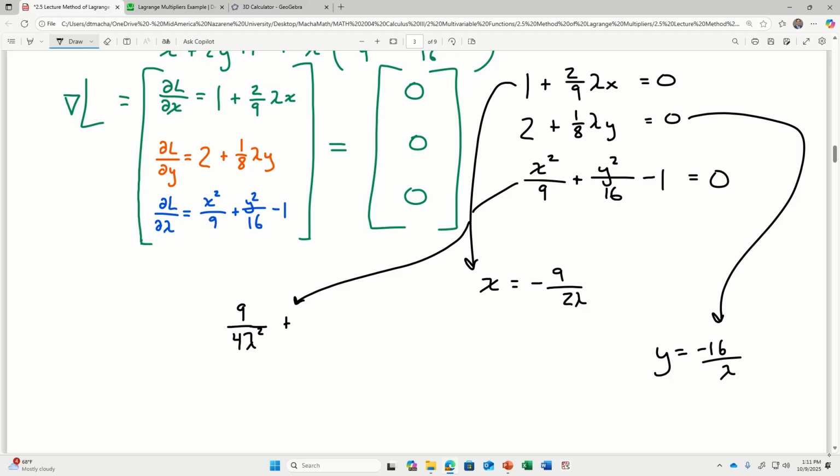So that's 16 squared divided by 16, which should just be 16. I've got to divide by lambda squared again. Minus 1 is equal to 0. Let me add 1 to both sides and multiply both sides by lambda squared.